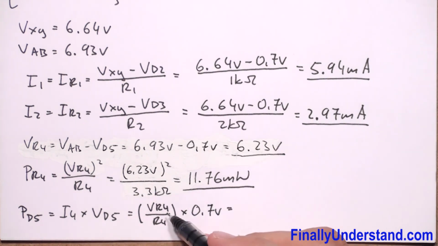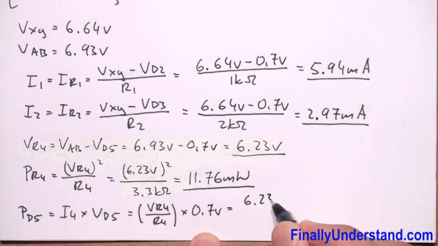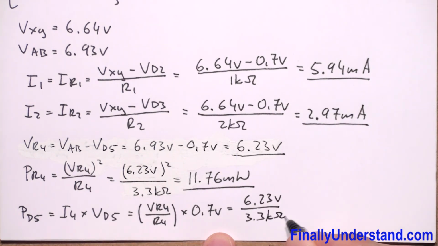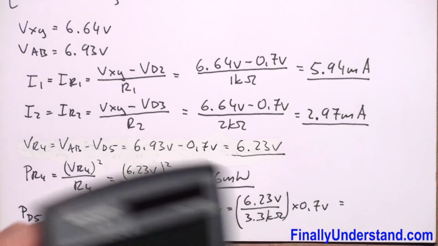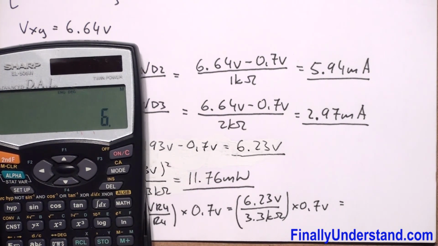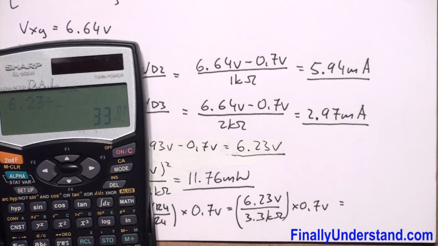So this is equal VR4 we found is equal 6.23 volts over R4, which is equal 3.3 kilo ohms, times 0.7 volts. So this is equal 6.23 divided by 3.3 exponent 3.